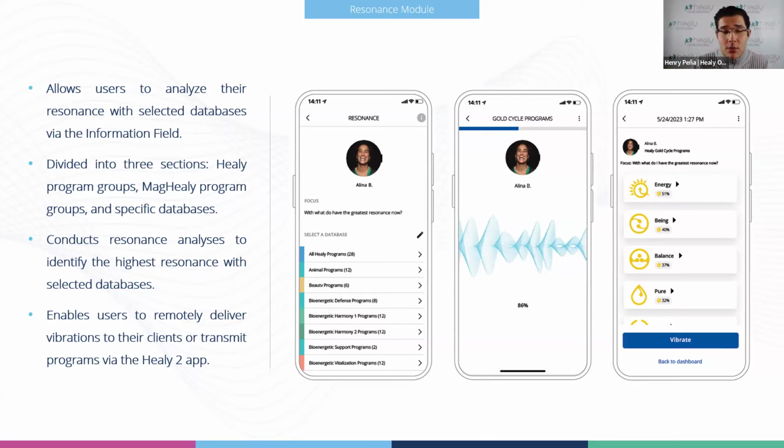Something very interesting about this: lately I've been having some issues sleeping. I wake up at night and run the Healy Analyse 2 app, the resonance module. All three times I've done it, without fail, I have gotten the sleep program group out of all 28 different results I can get from all the Healy programs.